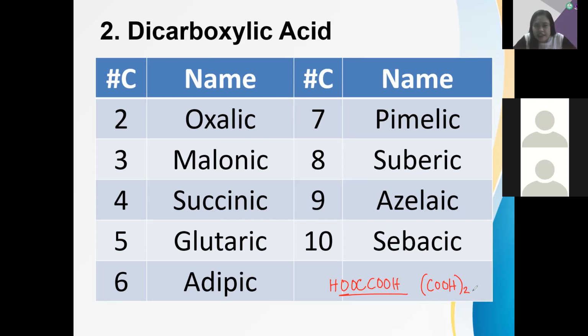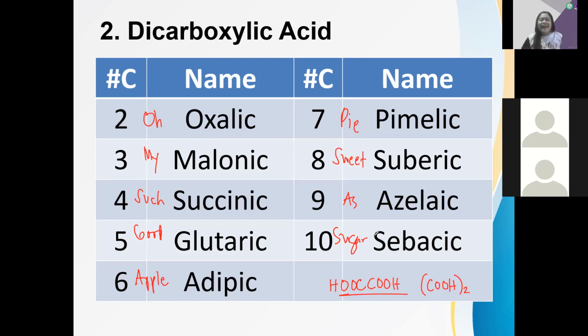And then I think we have mnemonics here. Oh my, such good apple pie, sweet as sugar. I can still remember this one. This has been a mnemonics used for the dicarboxylic acids that we have. Oh my, such good apple pie, sweet as sugar.